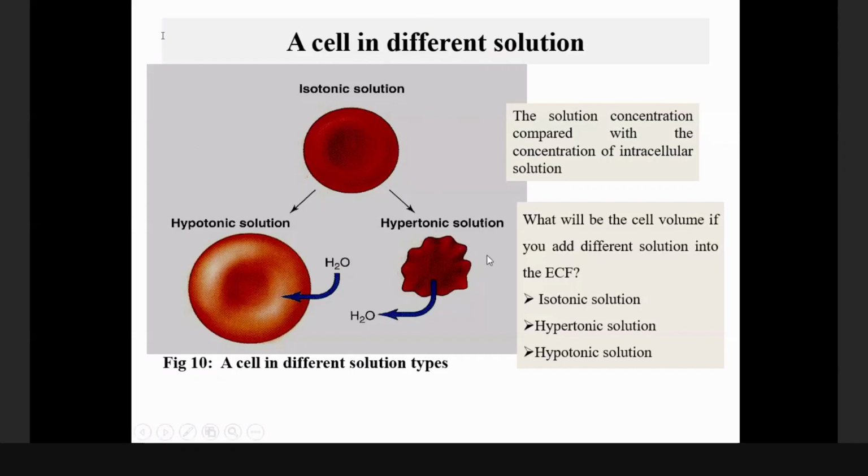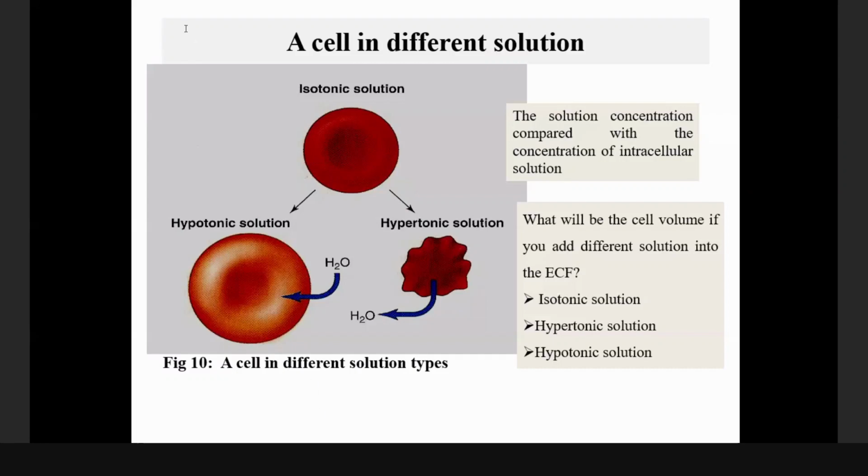But if you put a cell into hypertonic solution, the cell volume is reduced. It's called shrinking. It's called flaccid. Why? Because if you are putting a cell in hypertonic solution, more water is found inside the cell than outside, so that water leaves the cell. So the cell volume is going to be affected.